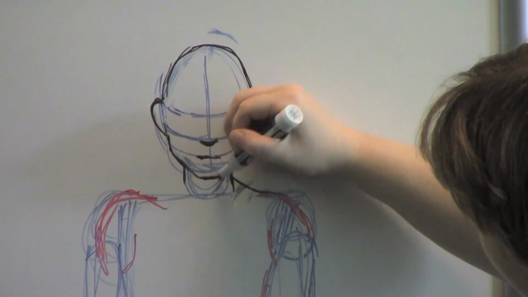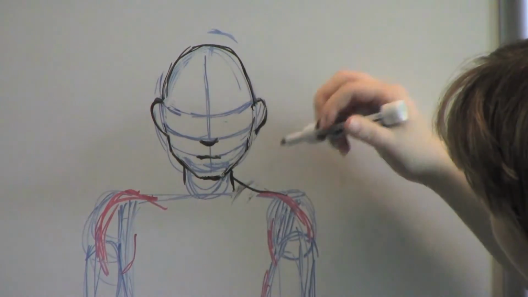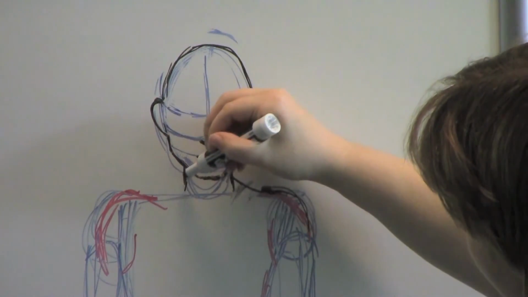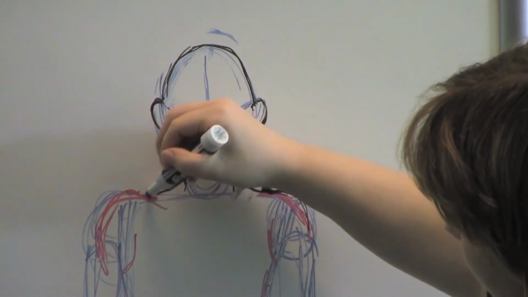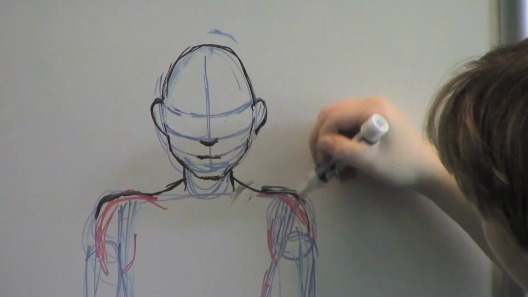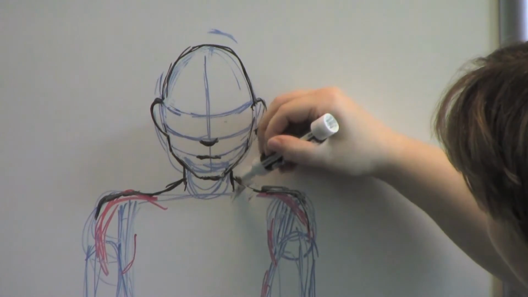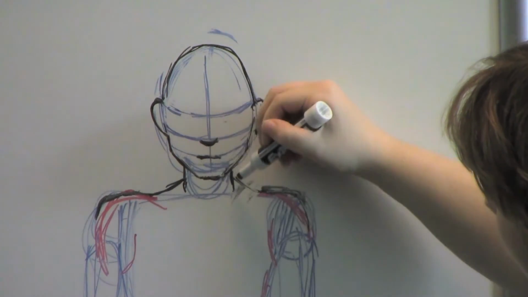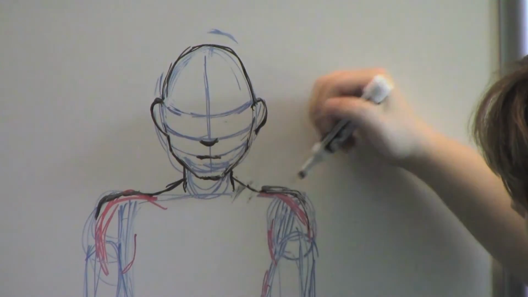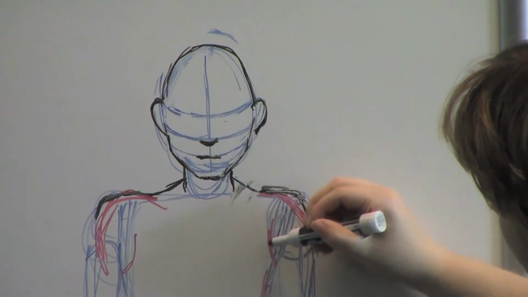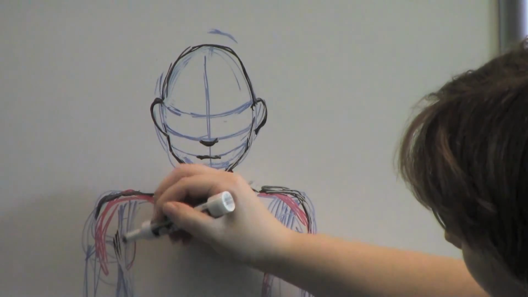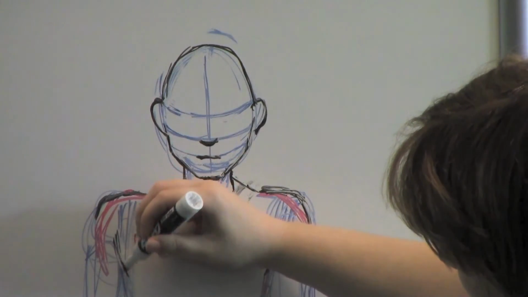Now, since I gave this figure a very squarish jaw, I'm going to go with male for the posture. There we go. So it's just a little bit of a taper from the back of the neck down into flowing into the shoulders. There we go.